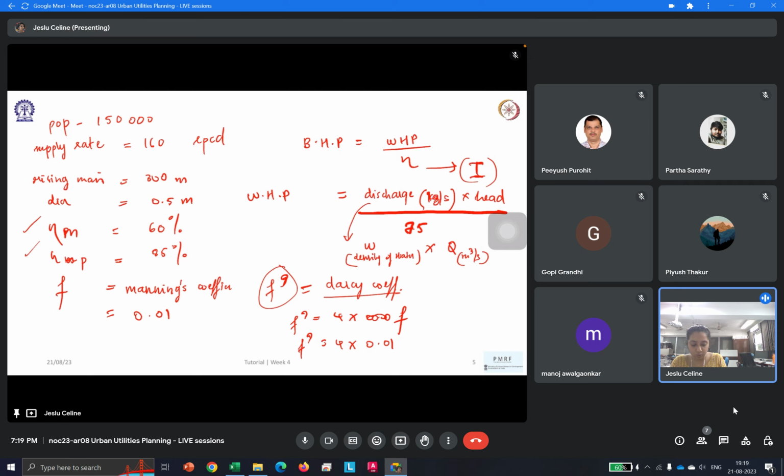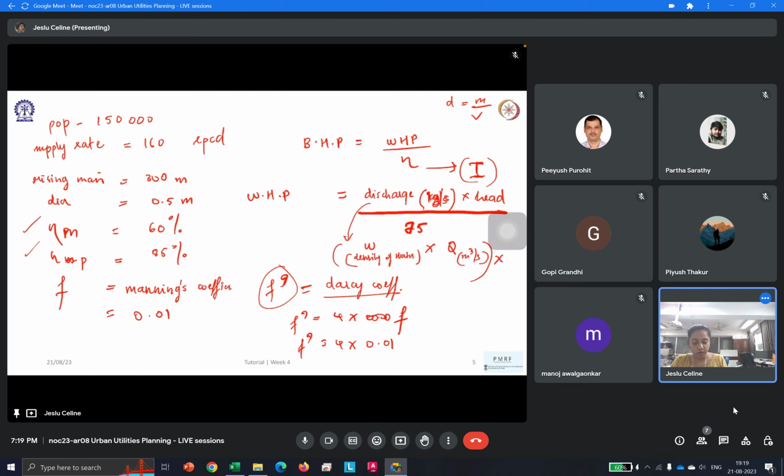Because this is in kilogram per second, which means it's in mass, that's why we are multiplying it with the density in order to convert our volume into mass. Because you know that density is equal to mass by volume. So that is what we are using over here, and this gives us the overall discharge.